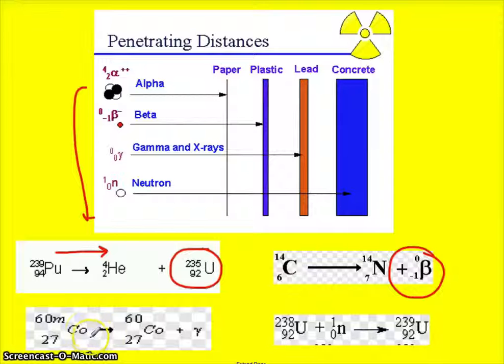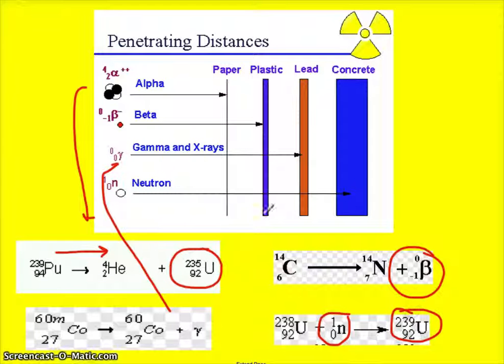Here you have some kind of cobalt. Now, it doesn't seem to change on this gamma, because this is indeed a gamma, and you're not changing the nucleus any. Well, you're changing the nucleus because it's sending something out, but it's not going to make much of a change here. But here you have a neutron emission. Now, notice on the neutron emission, it does change the number of neutrons, so that makes it a different isotope there.